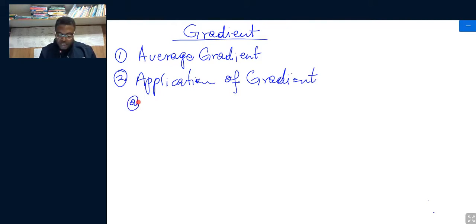On 2a, we're talking about perpendicular lines. I'm using this notation, and I'm sure by now everybody knows that this notation means perpendicular. And then secondly, we're talking about parallel lines.